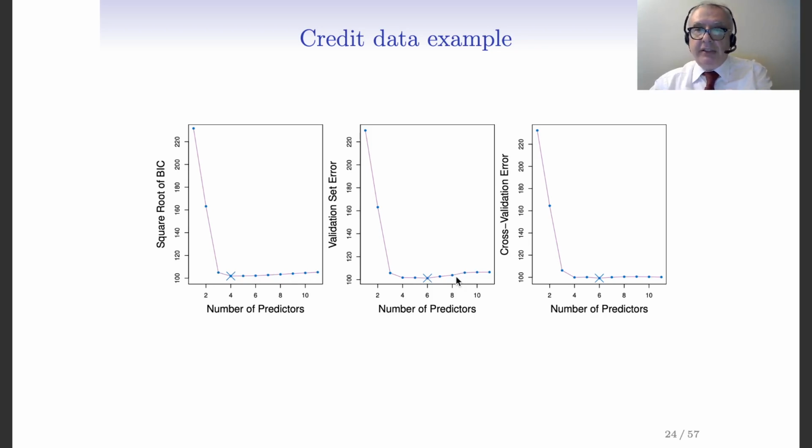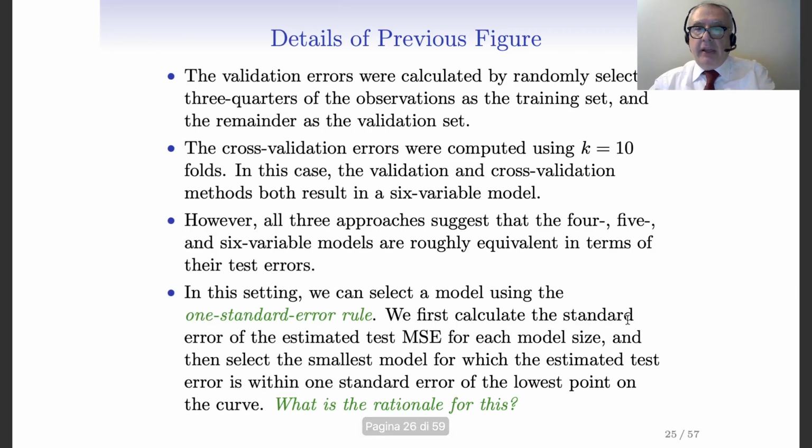Therefore, the issue arises of selecting the number of predictors when you do not have a clear-cut response. And for this purpose, there is a practical rule that we call the one standard error rule.